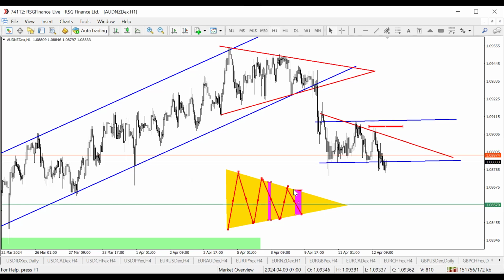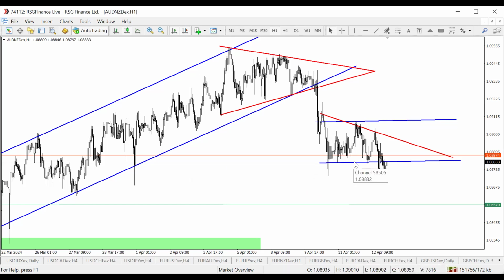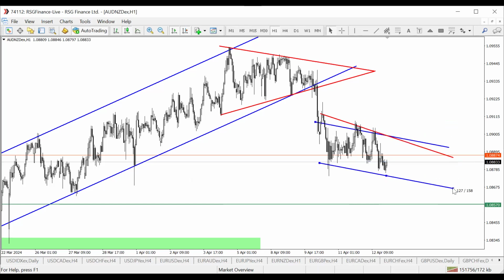So this analysis is based on: do we see that there's a breakout from this descending triangle, or are we potentially having a channel descending in this way? Whichever happens, just be sure that you give a good allowance for your stop loss.